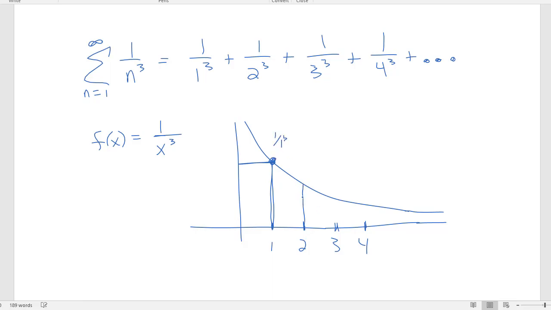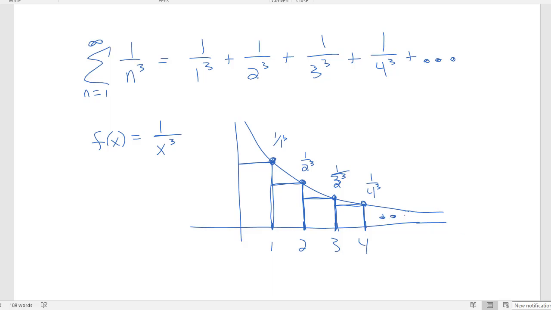And then if I use the right endpoint on the next subdivision, this is 1 over 2 cubed. It's the height of that rectangle. And I use the third subdivision of delta x being 1, I get 1 over 3 cubed. And then so on and so forth, right? This would be 1 over 4 cubed and dot, dot, dot.